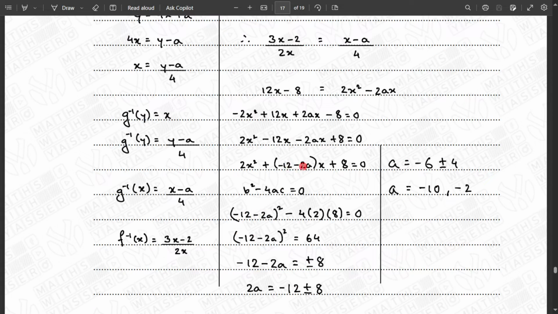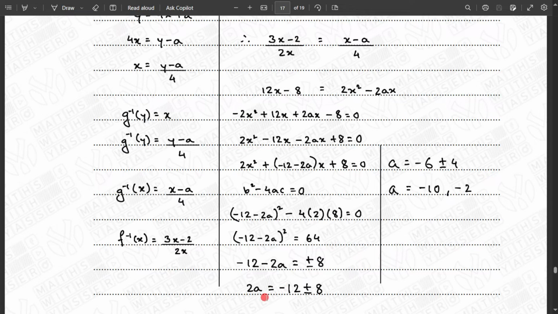So this is our b, which is (minus 12 minus 2a) whole squared, minus 4ac, where a is 2 and c is 8. So that will give us 4 times 2 times 8, which is 64, and this will become (minus 12 minus 2a) whole squared equals 64.